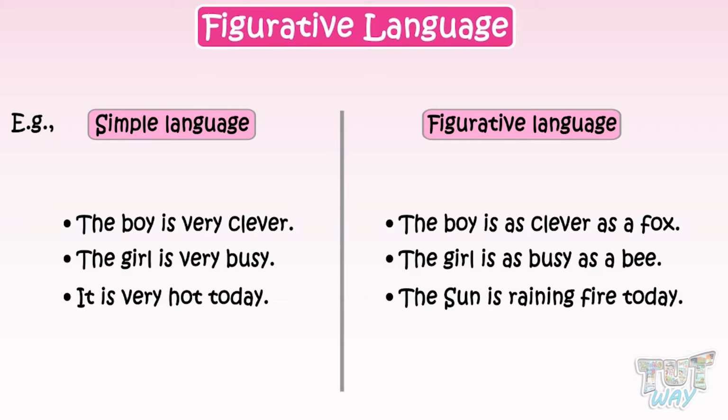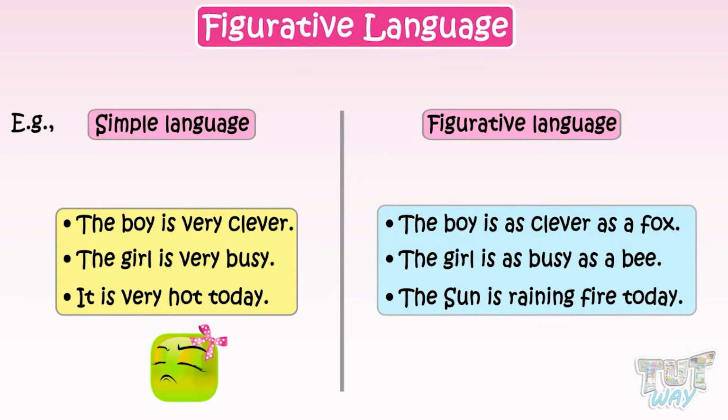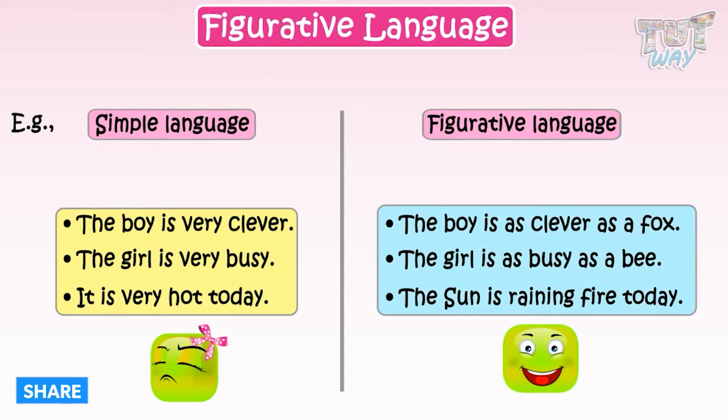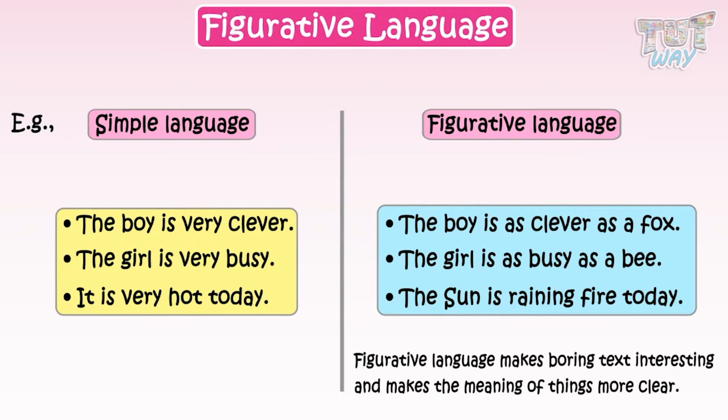So, what you see, the text written on the left side is stating facts in a plain language, which makes it not too interesting. The text written on the right side seems interesting to read, and we can also visualize the situations better. So, figurative language makes boring text interesting and makes the meaning of things more clear.